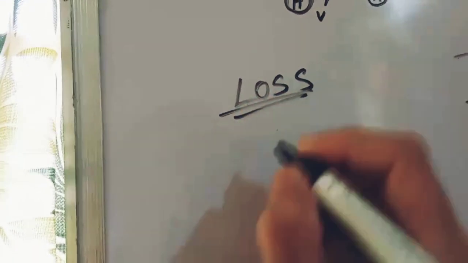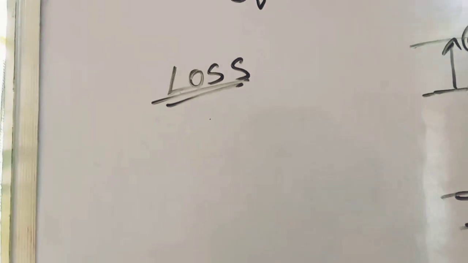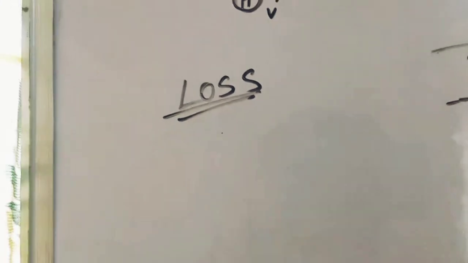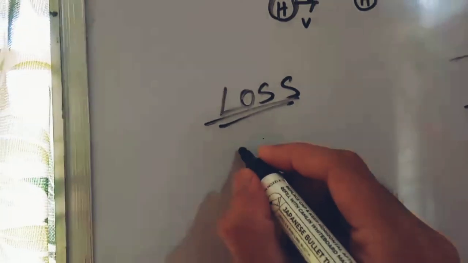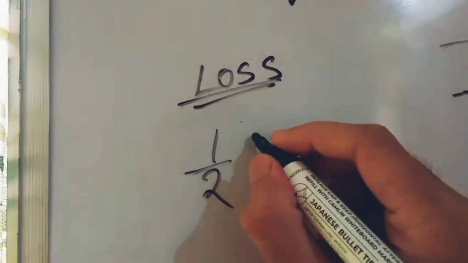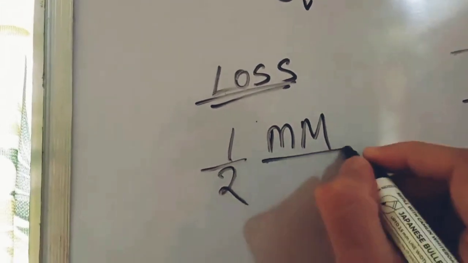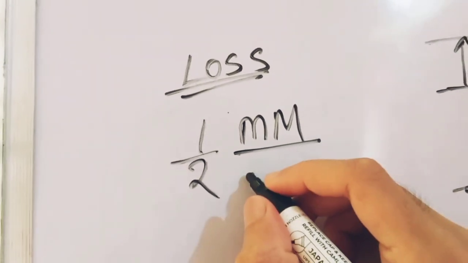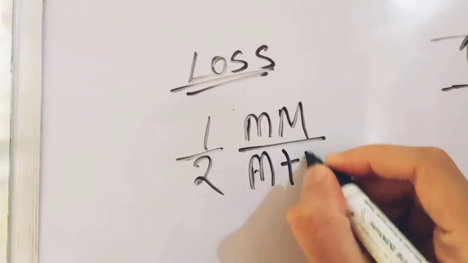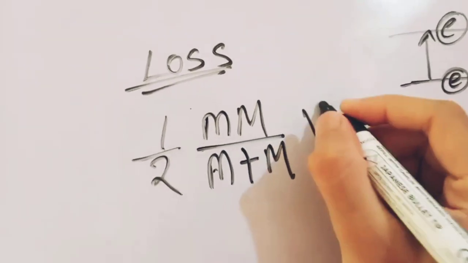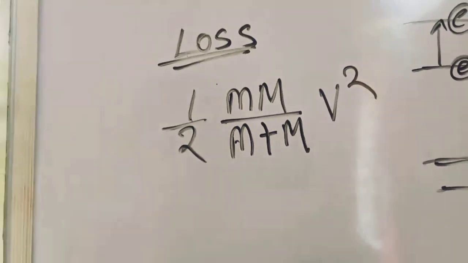So here, loss of energy, what is the formula to find the loss of energy? So it is half, m1 m2 over small m plus capital M, into v square. It is the formula.